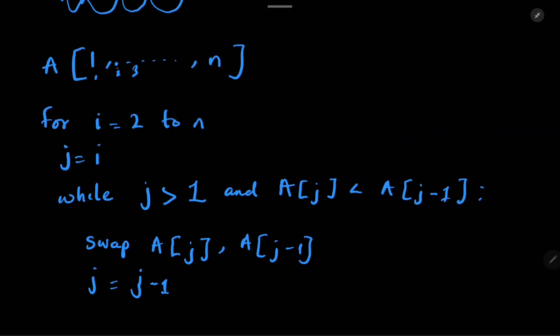Okay, so now that we have written the algorithm for insertion sort, the next thing we'll do is write a proof for insertion sort. So let us start with induction. Using induction, we're just going to write a simple proof by induction.